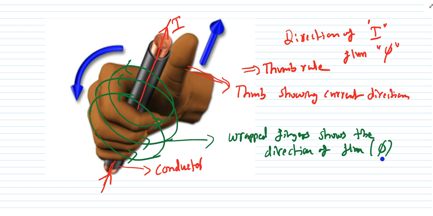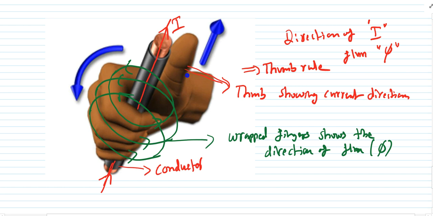Vice versa means, if the thumb shows the direction of the flux, then the remaining wrapped fingers will show the direction of the current. If you hold the conductor with the right hand, as the figure shows, and the thumb shows the current direction, then the remaining fingers will show the flux direction.